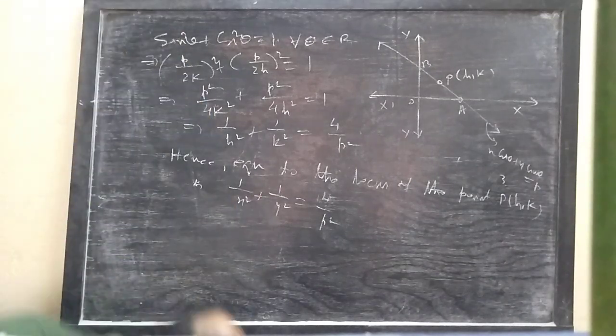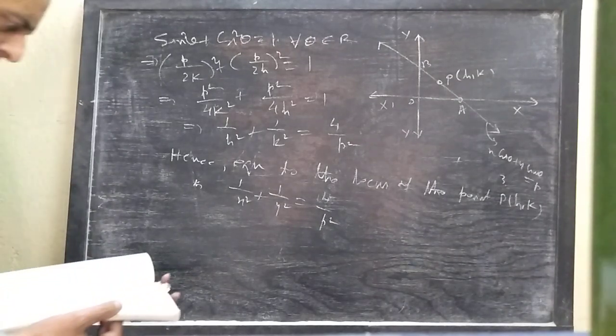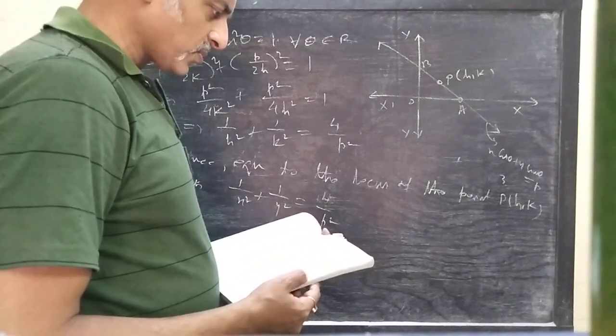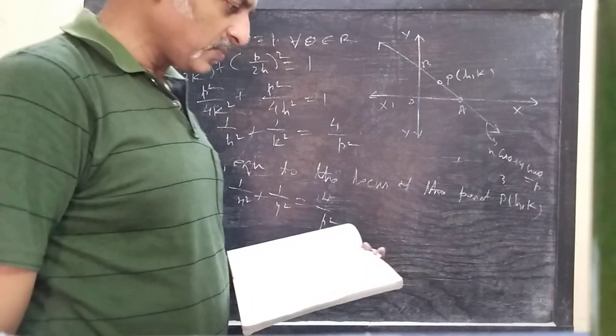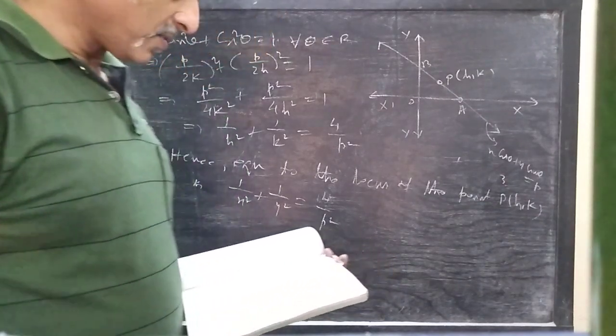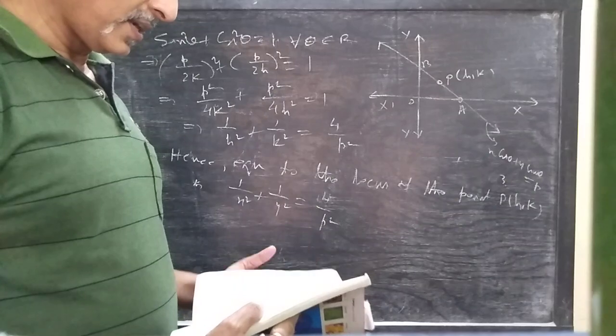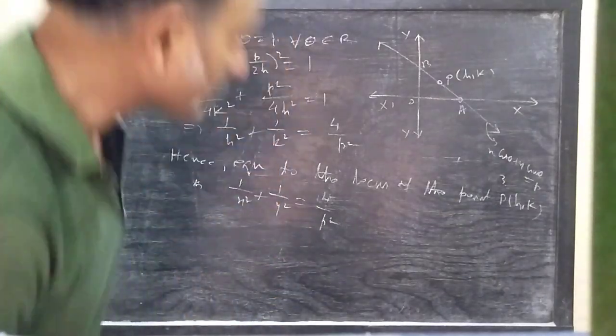Next question. A ray of light starts from point P(1, 2), reflects on the x-axis at A and hence passes through Q(5, 3). Find the coordinates of A, that is the point of incidence.